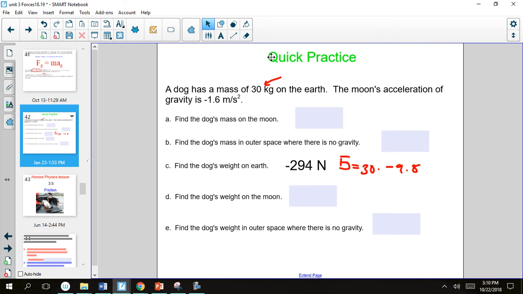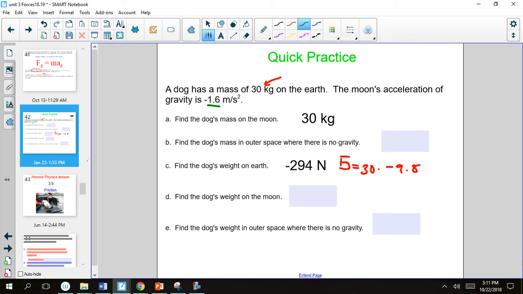On the moon, it's a little bit different. Our acceleration of gravity is less. And when I say less, I'm referring to the magnitude. I'm not talking about the negative. The negative is just giving the direction everything is pulling, down. So magnitude-wise, it is less than on Earth.